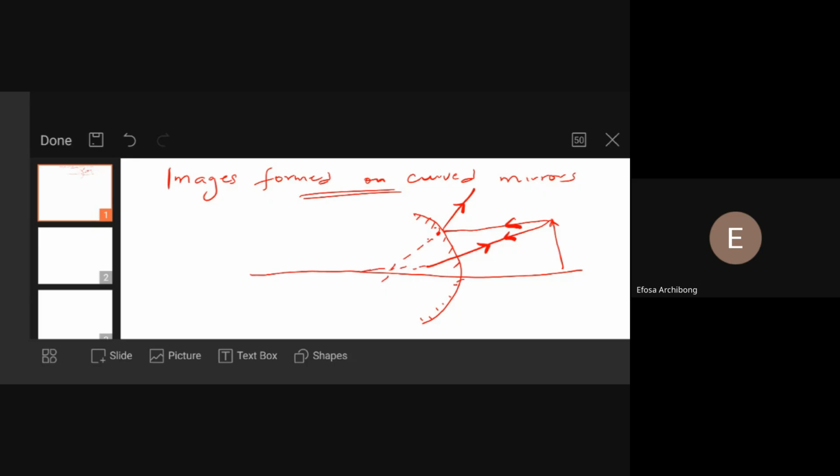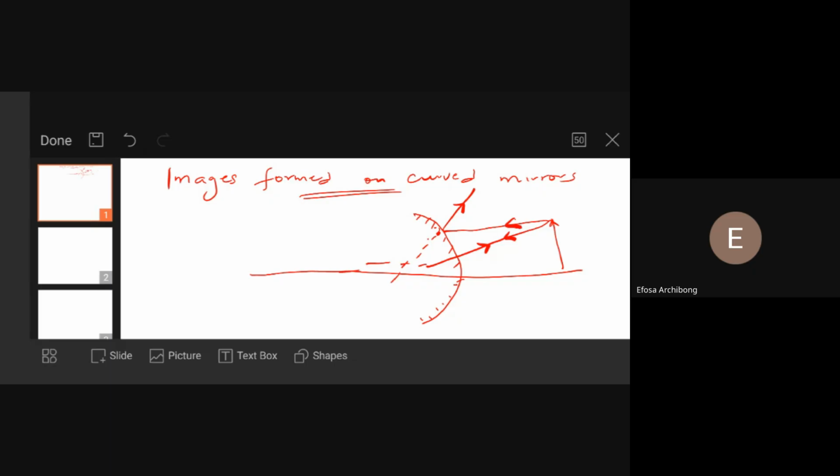My diagram may not really look so perfect, but I really hope you understand what I'm trying to say, or you just understand the picture I'm trying to create. The line goes this way, and then this one continues to travel straight like this. All right. So if you use your ruler to sketch a diagram, you get a better picture.